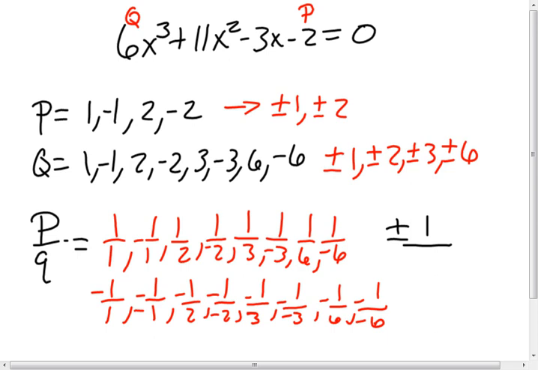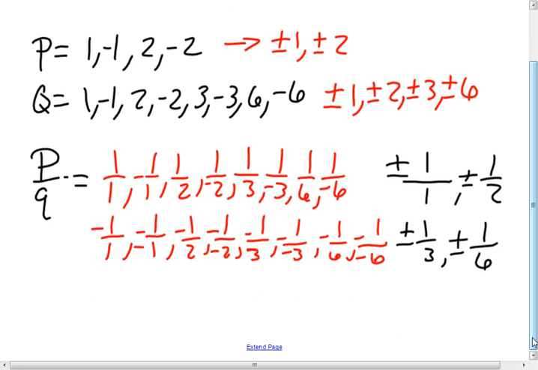So plus or minus 1 over 1, plus or minus 1 over 2, plus or minus 1 over 3, plus or minus 1 over 6. So those are the first values of p over q.